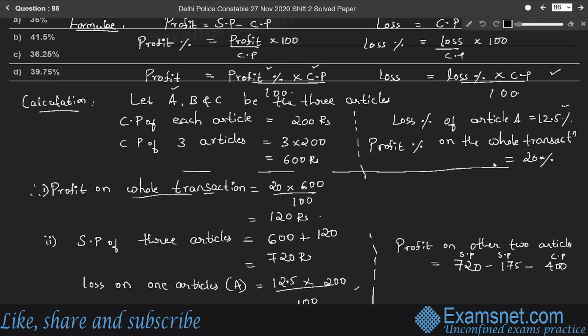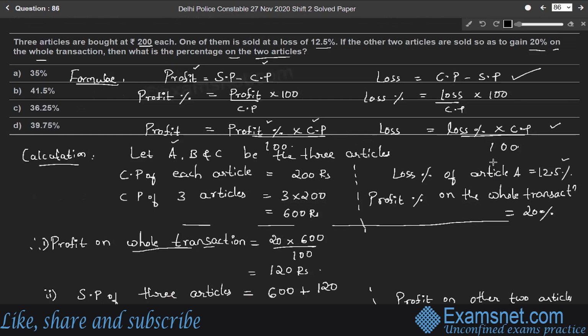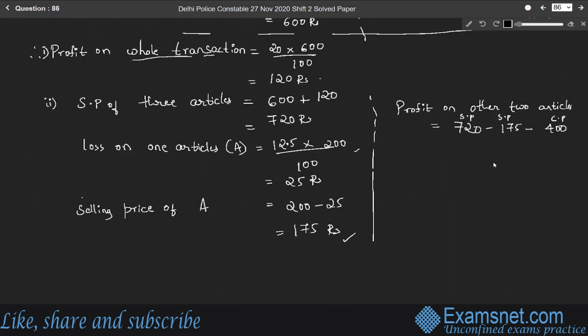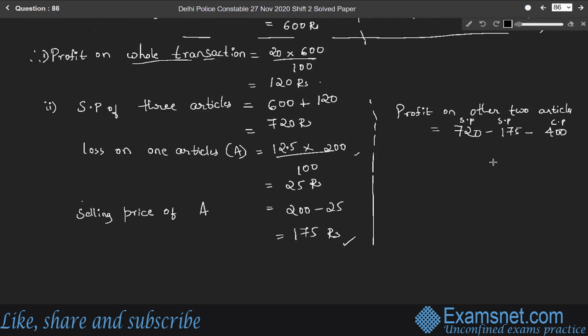From the formula, profit is equal to selling price minus cost price. Here there are 2 selling prices. So the selling price of all 3 articles minus the selling price of article A, which is sold at loss, minus 400 rupees, the cost price of the 2 articles. Therefore, this is equal to 145 rupees.